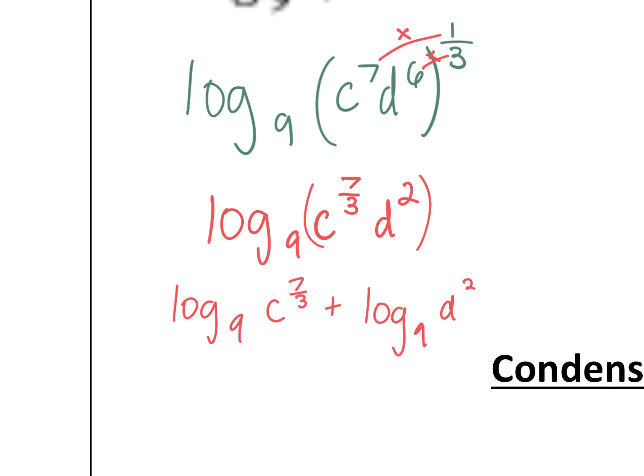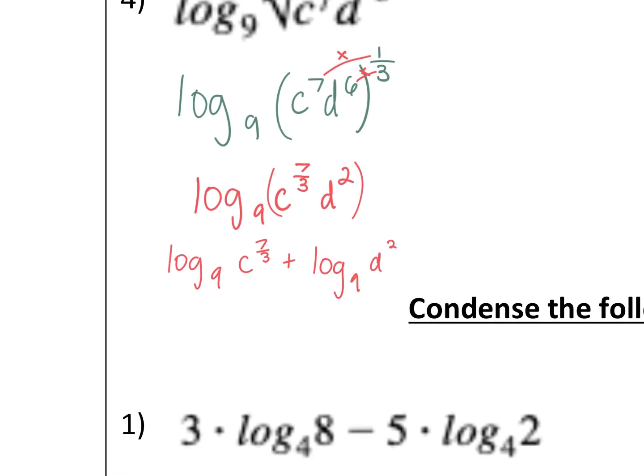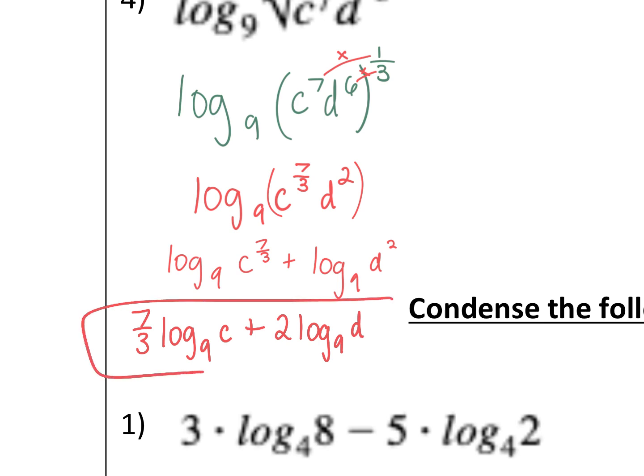Am I done? No. What's the last step here? Powers to the front. So 7/3 log base 9 of c plus 2 log base 9 of d. You got it. That's it. That's my answer. That's as far as it will go.